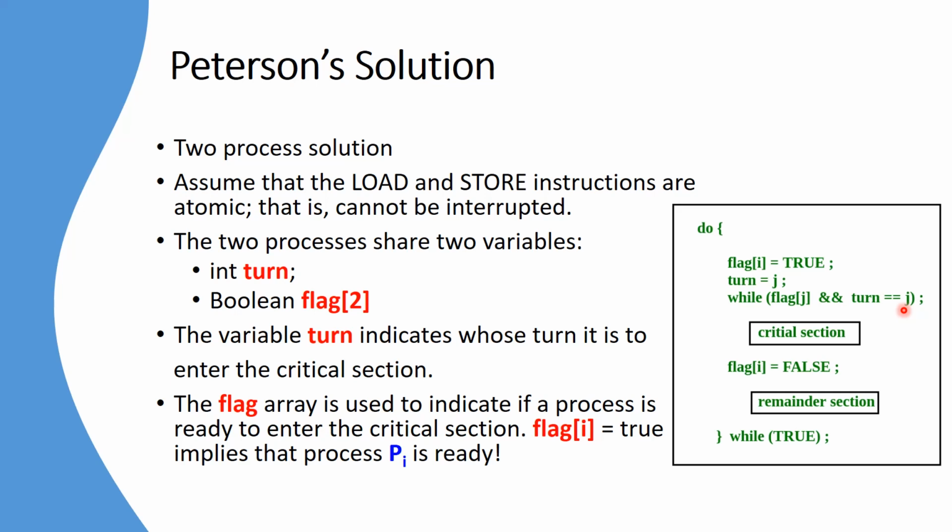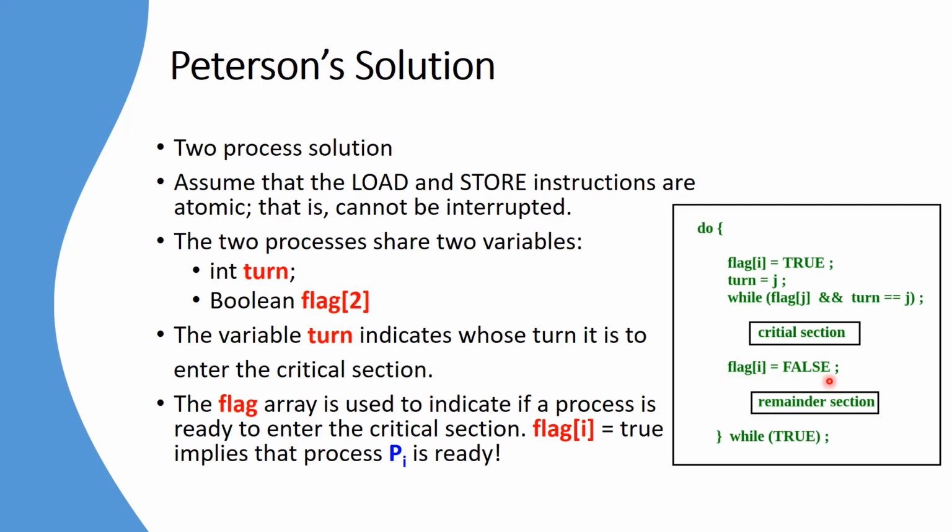So when both processes execute this condition, only one will be allowed to enter the critical section and the other process will not be allowed. Finally, it will execute in the critical section, and when it comes out of the critical section, it will change the flag value to false.